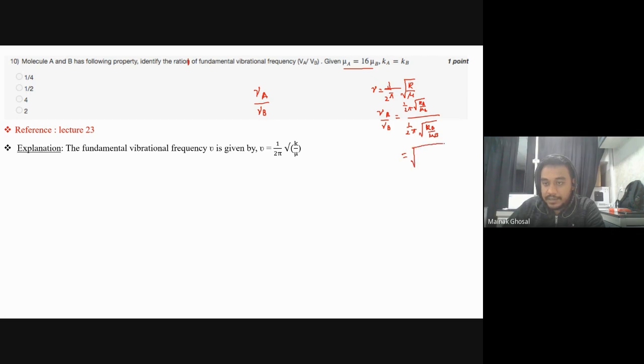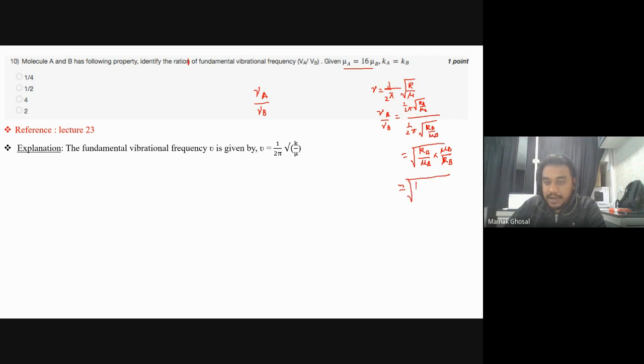You will be left with Ka by mu A into this Kb, which will be just reversed, mu B by Kb. So you just put these values.